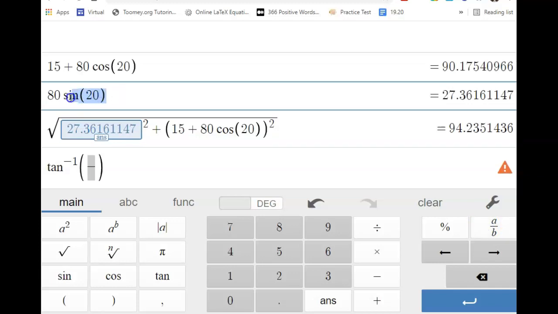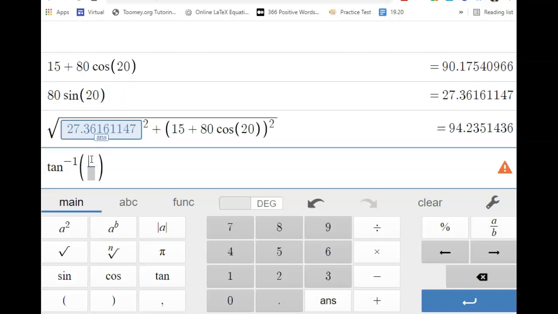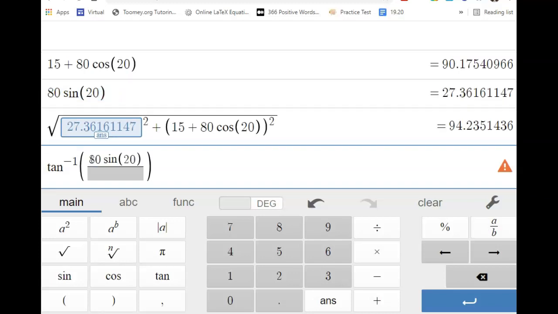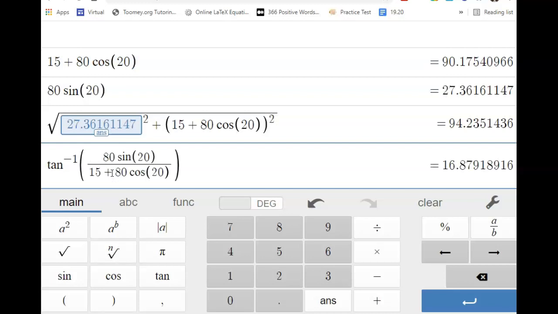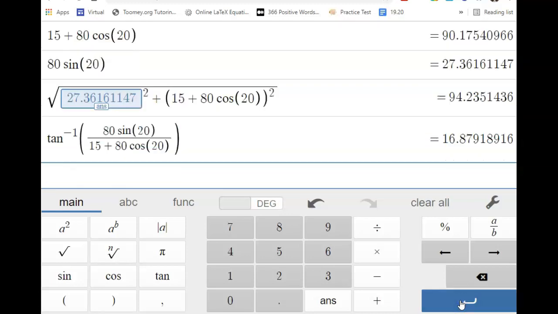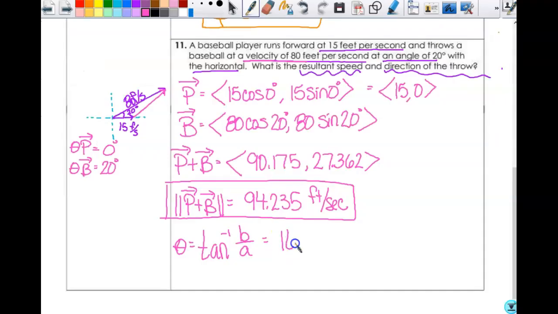I'm going to put the B, highlight that, Control C, put it in my numerator, Control V, highlight A, Control C, put it in the denominator, Control V. So there's the tangent inverse of that. And I get 16.879. That is theta. And because it wasn't asking for any kind of bearing, it's just the direction, that is my answer. That is my theta.